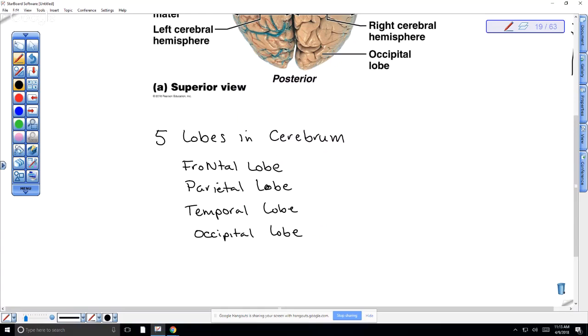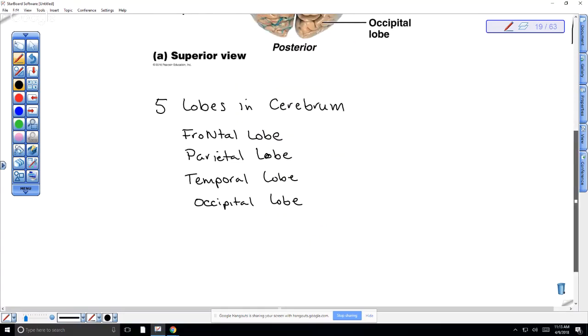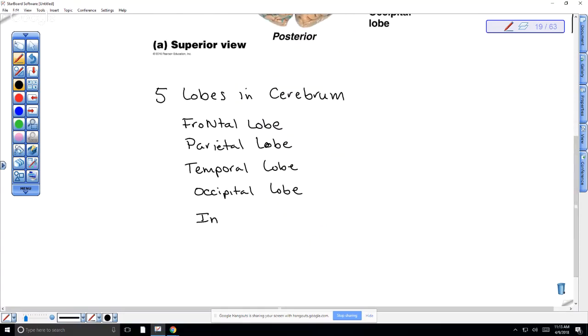There is another lobe. There's a 5th lobe, but it is hidden on the inside of the brain, and it is called the insula lobe. It is on the inside, kind of near the temporal lobe. There are 2 of each: frontal lobes left and right, parietal lobes left and right, temporal lobes, and then occipital lobes back here.